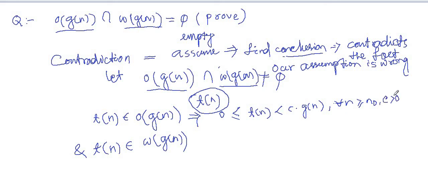Is that fine? So now, because tn belongs to small omega of gn, I can write here 0 less than equals to some constant c into gn strictly less than tn for all n greater than equals to, let's say I'm taking here n1 and taking here n0, and c greater than 0.